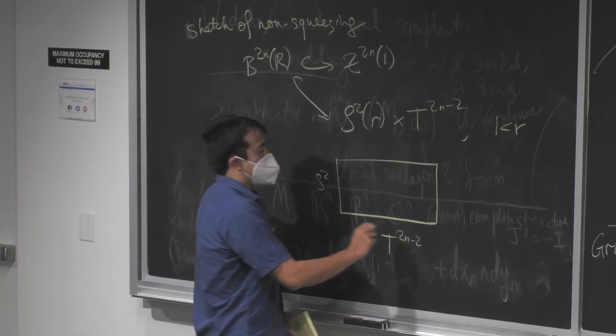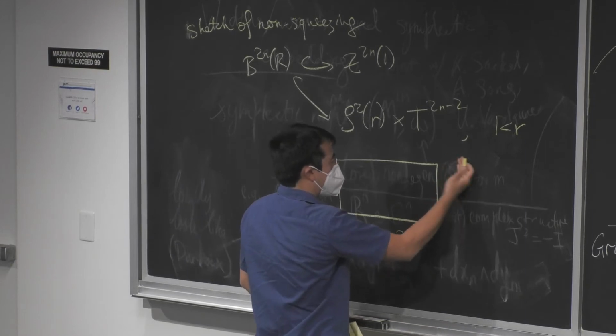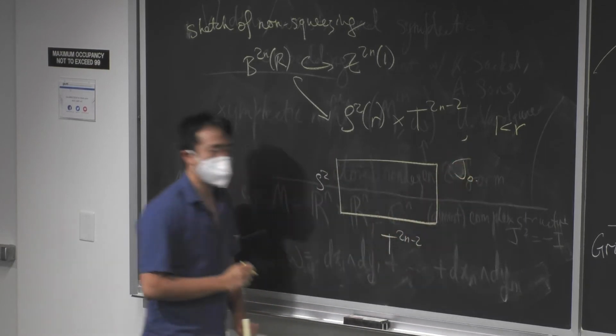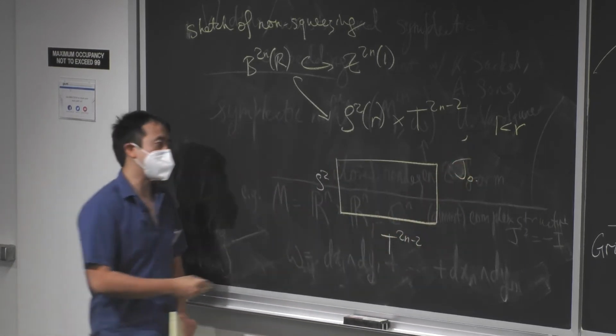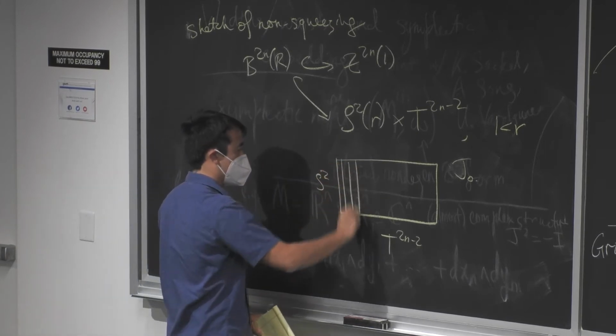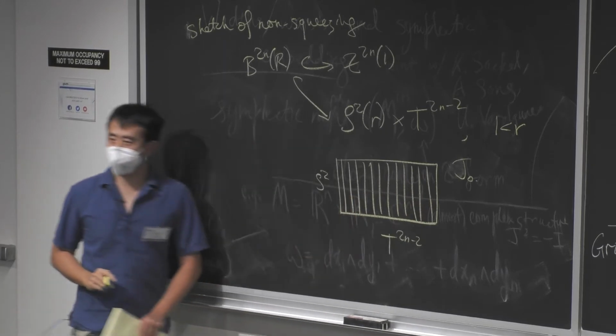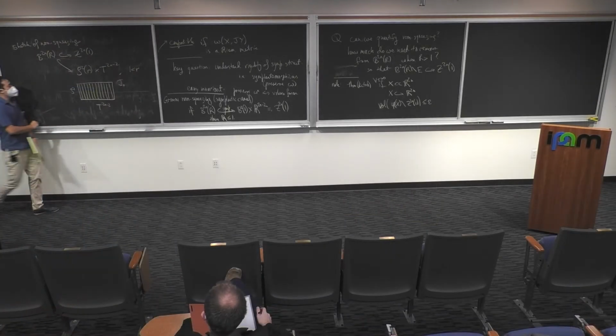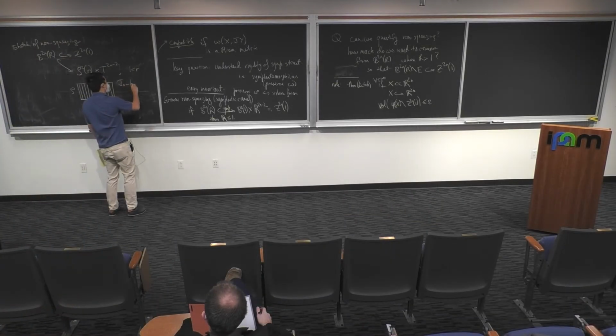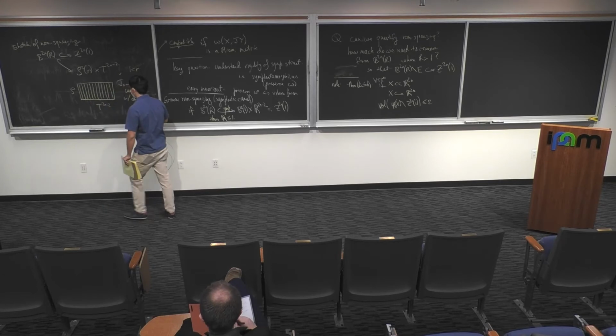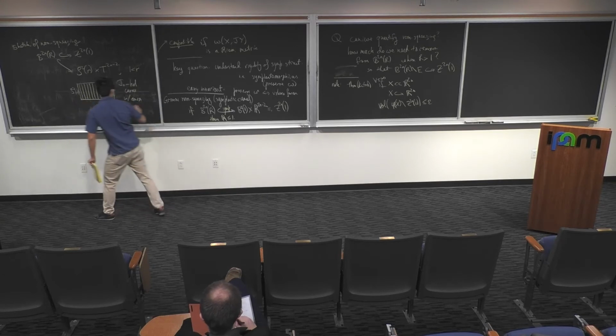So you have a complex structure, J naught, and a vertical foliation of holomorphic curves. And the area of these is just pi r squared.